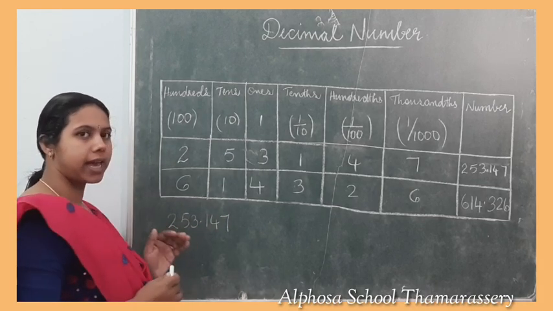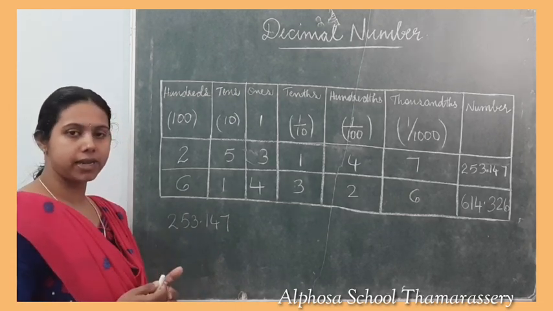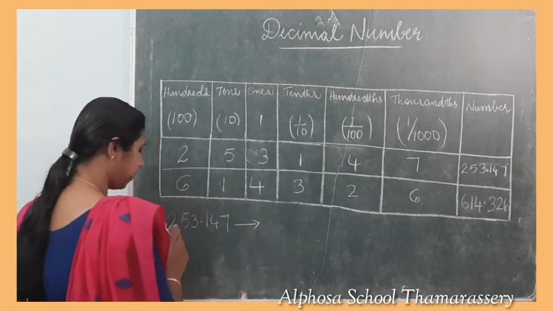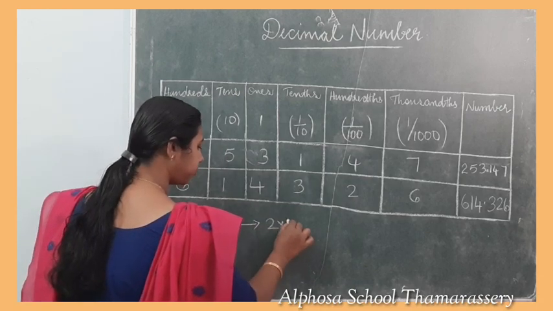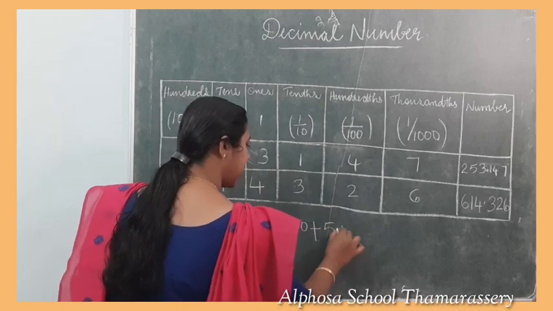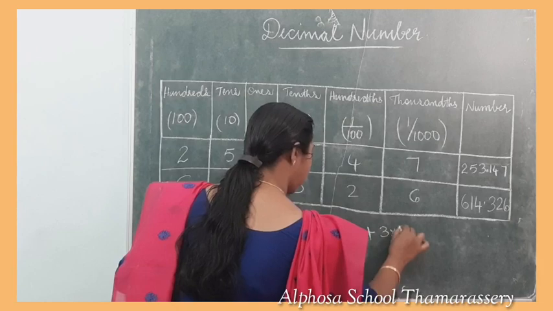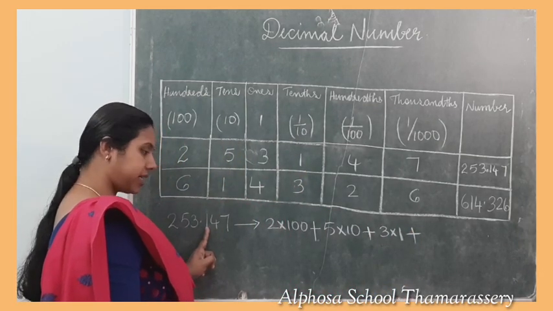Now let us write the expanded form of the number 253.147. We know the expanded form of a number. So using the place value, we will write the expanded form. The place value of 2 is hundreds place, so 2 into 100 plus 5 into 10 plus 3 into 1 plus, next to the decimal point, the place value is tenths place.